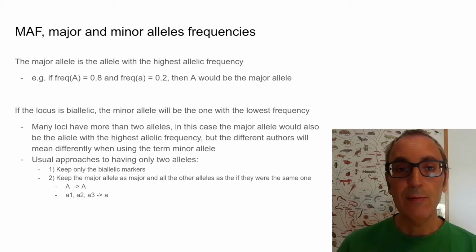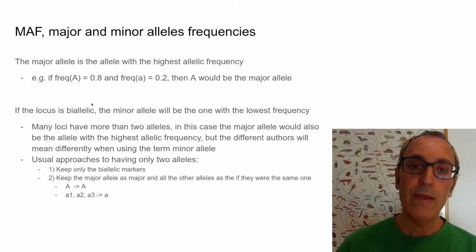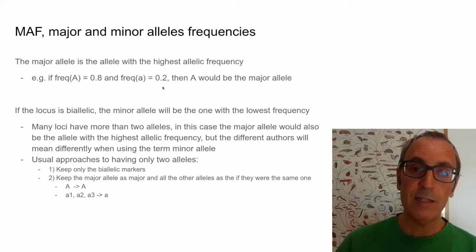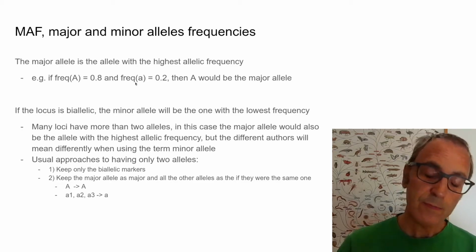So in this example, the major allele would be capital A, because it has a frequency of 0.8, which is higher than 0.2. Lower A would be the minor allele because it has a lower frequency.